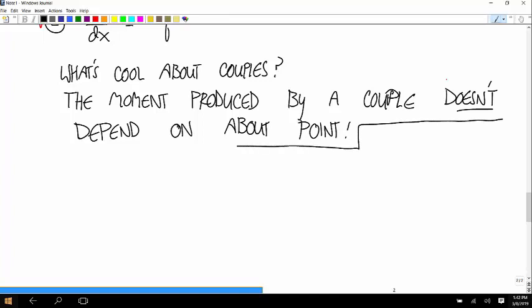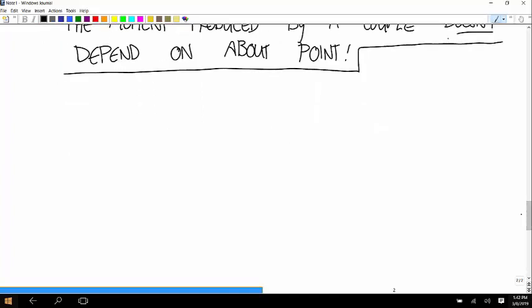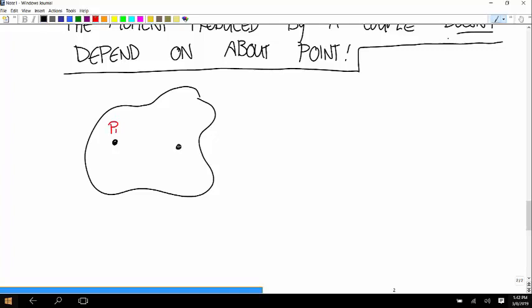Okay. So let's see why that is. It's a pretty short, simple proof. So let's say that this is the object, and let's call this point P1 and this point P2.